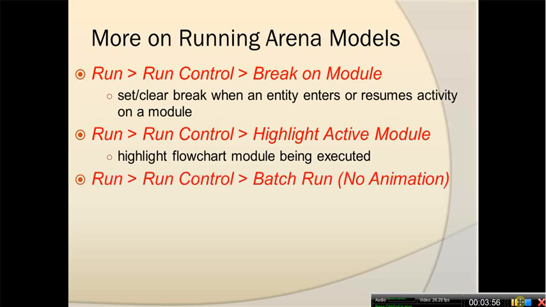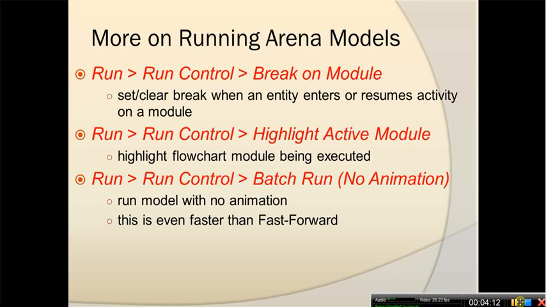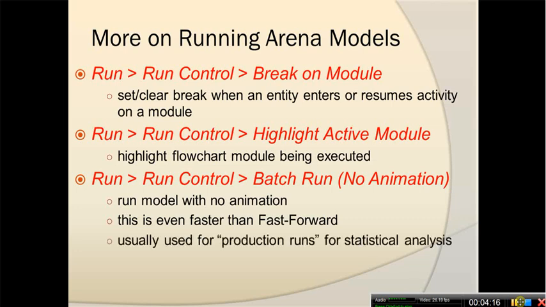We can do Run, then Run Control, then Batch Run, No Animation, and that speeds up the simulation because it runs the model with no animation, so it's the fastest run that we can do. It's even faster than Fast Forward. It's usually used for production runs for statistical analysis.